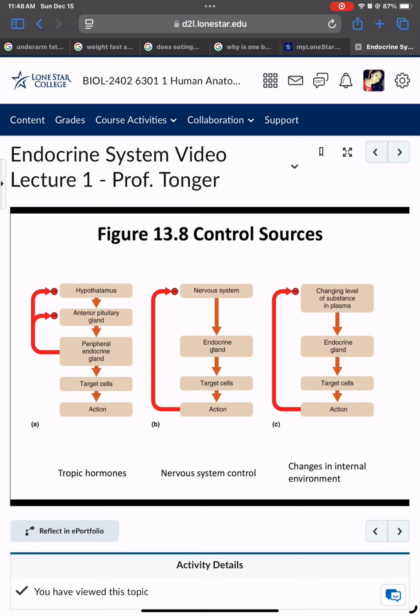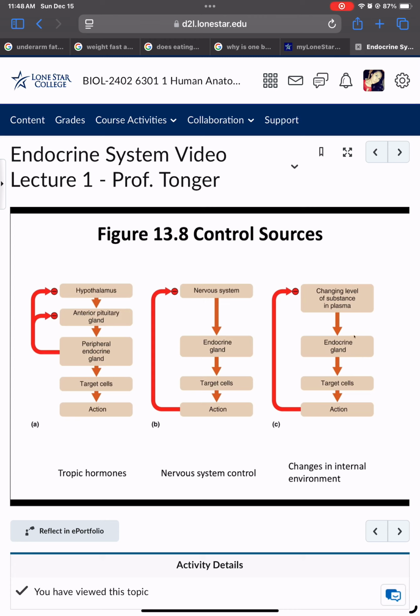Similarly, the third type is changes in the internal environment. For example, you eat food and your blood glucose level increases, which is a change in the level of a substance in the blood plasma, and this will stimulate an endocrine gland to secrete. Which endocrine gland will it be?